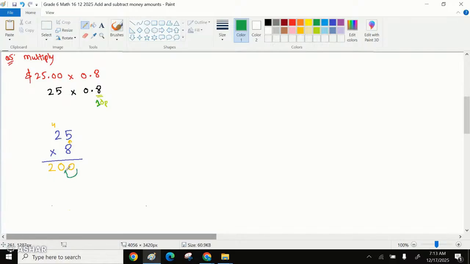So we move one decimal place. That means 200 had a decimal here. Once we move the decimal to this position, it becomes 20.0, right? And since it was in dollars, we give our answer as dollars 20. Okay, this would be the final answer.